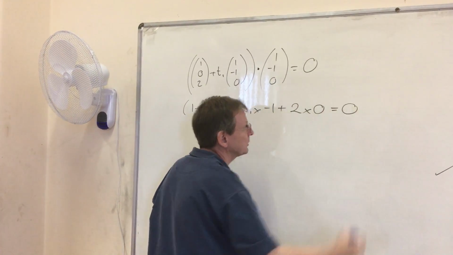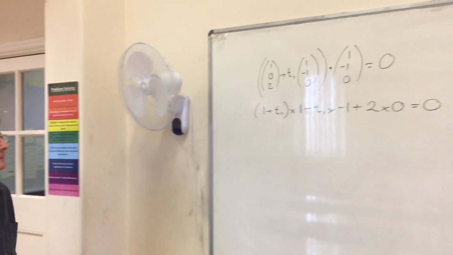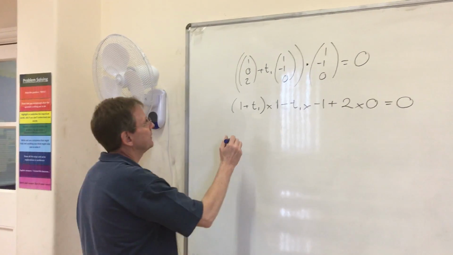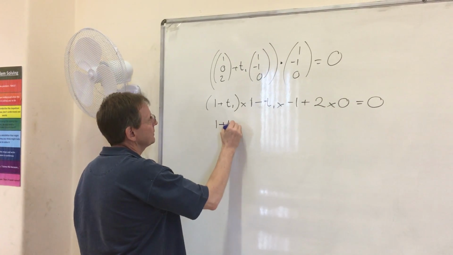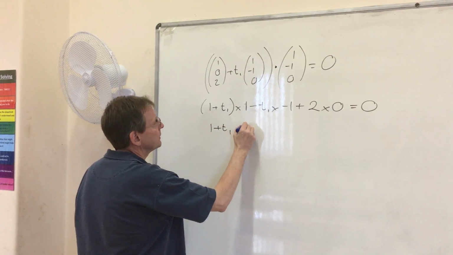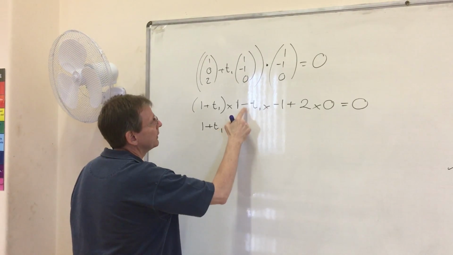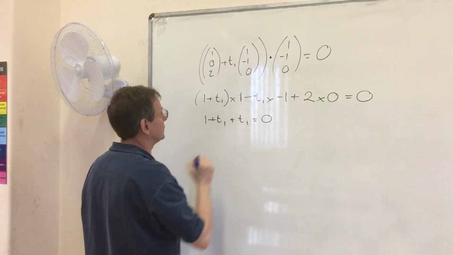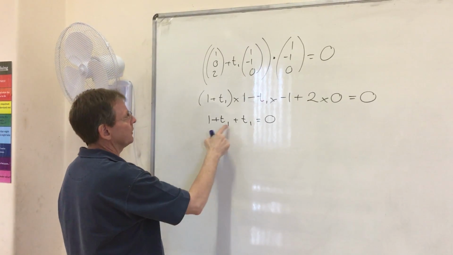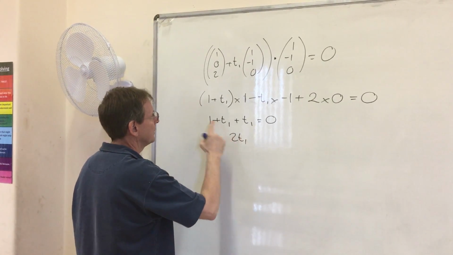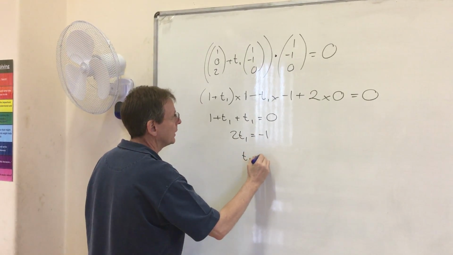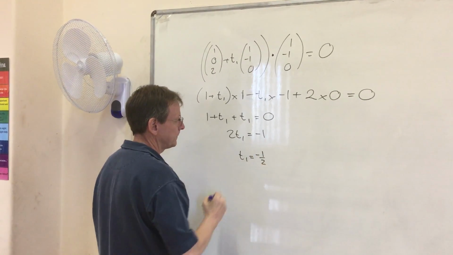And I know that altogether that has to be 0. Well, I've simply got an equation in t1 that I need to solve. So if I expand the brackets, I've got 1 plus t1 plus t1 equals 0. Which I think therefore gives me 2t1 equals negative 1, and therefore t1 is negative 1/2.